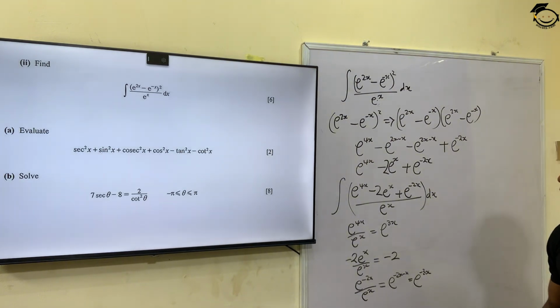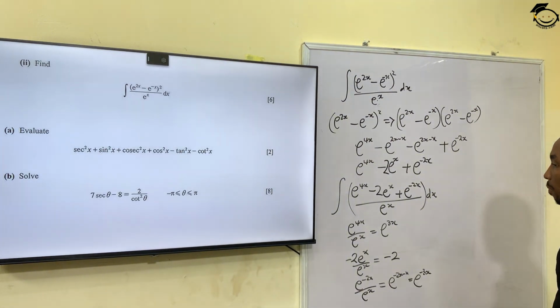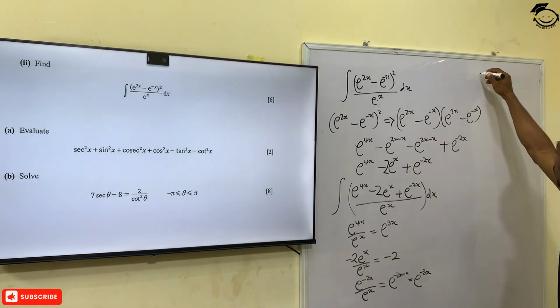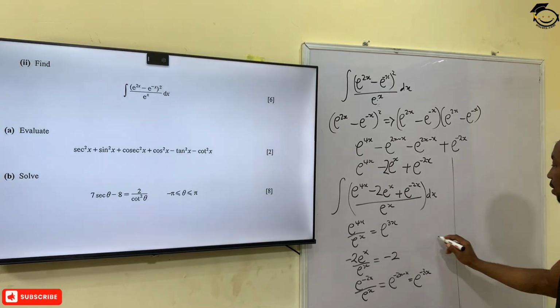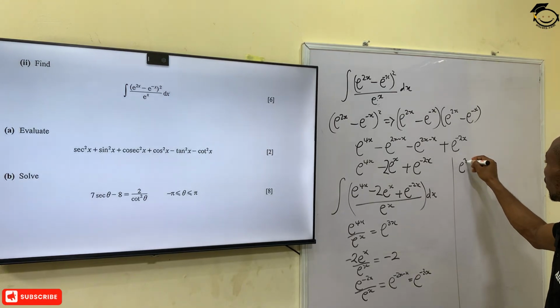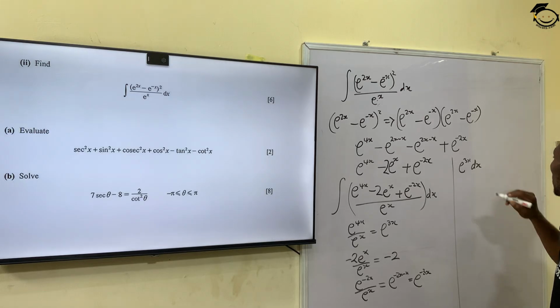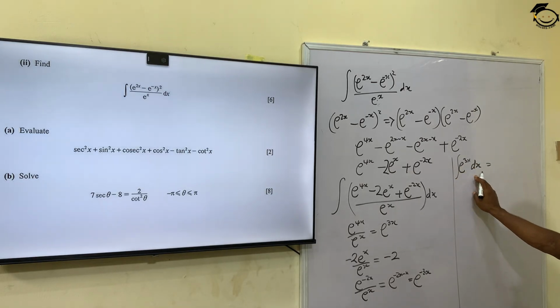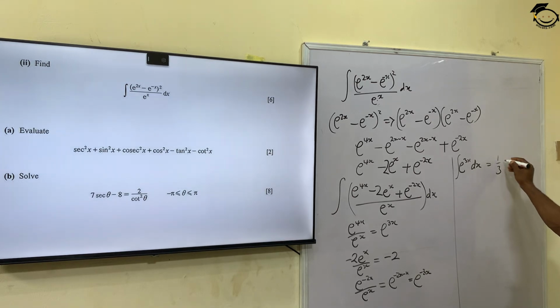Okay, now from here we integrate each and every one of them. So doing our integral of e^3x dx will give us 1 over 3 e^3x.